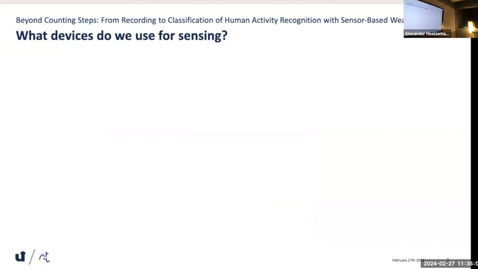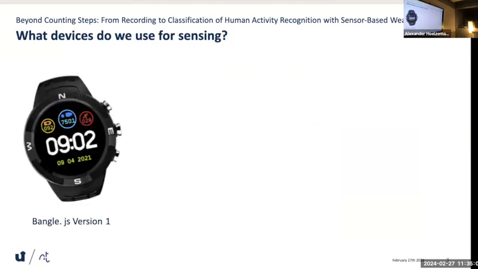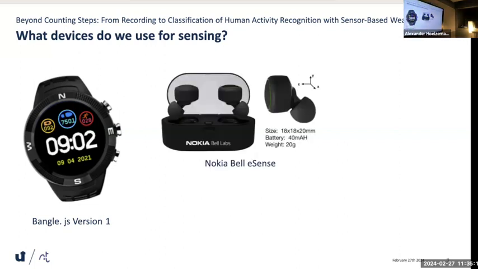What devices do we use for sensing? I personally worked a lot with smartwatches, especially this device here. It became very important for me. I will tell you later why. This is an earbud. It's from Nokia Bell. I also worked with that. It's a prototype that has been released a couple of years ago. And I think it was the first earbud that had sensors integrated.